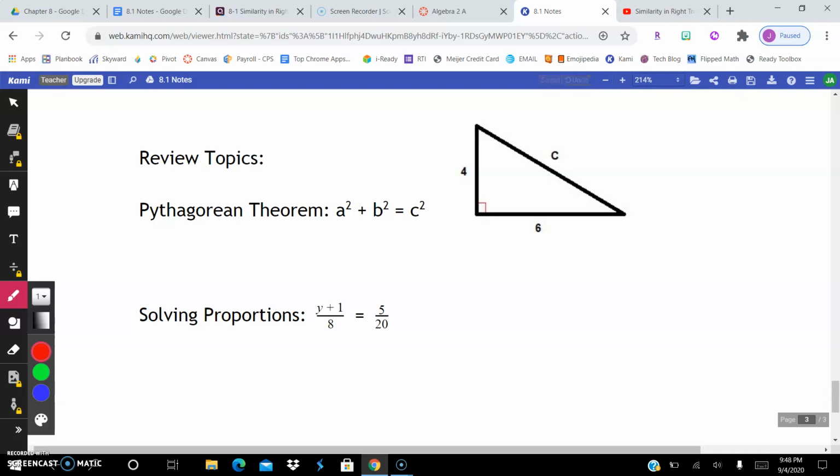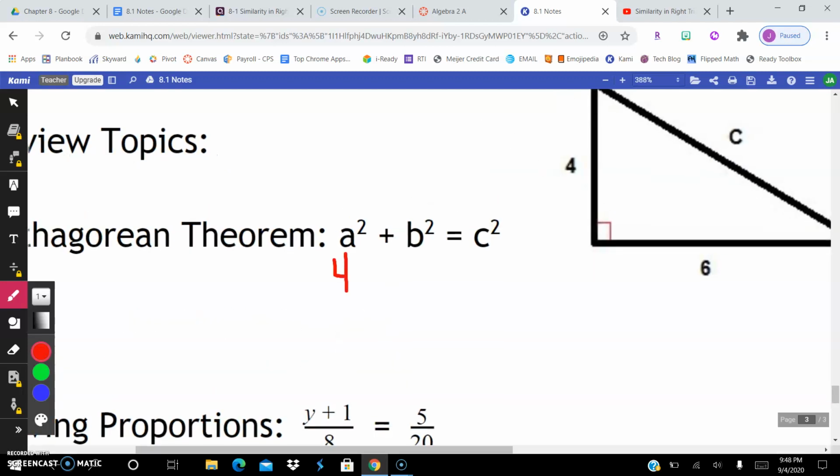It does not matter which one we plug 4 in for. It could be A or B. It does not matter. Same thing with 6. So I'm going to do 4 squared plus 6 squared is going to equal C squared. 4 squared is 16, and 6 squared is 36.